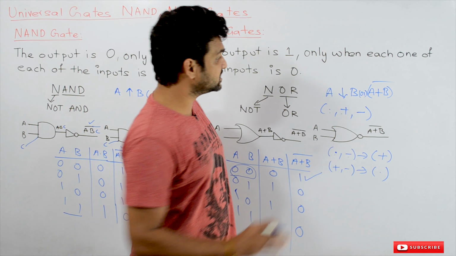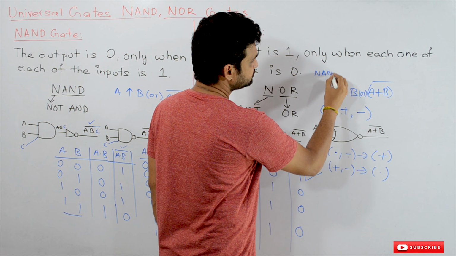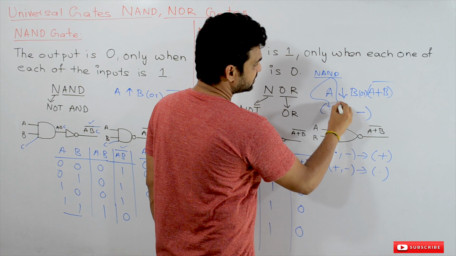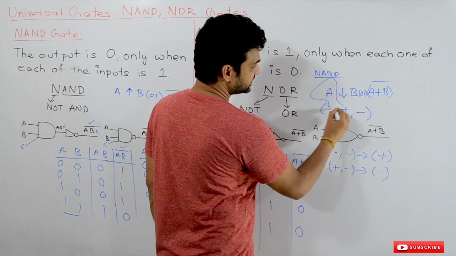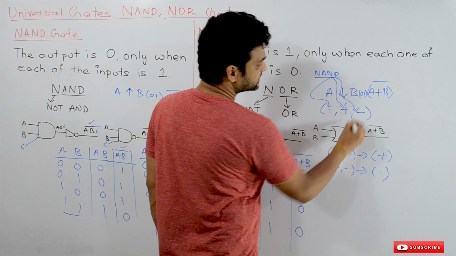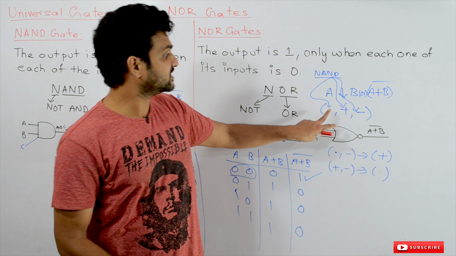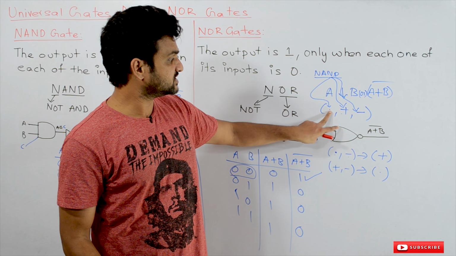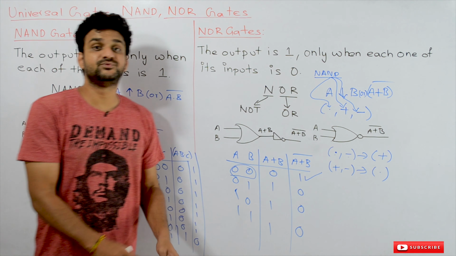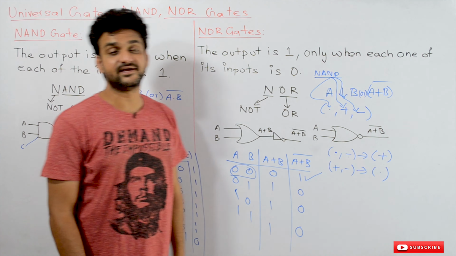What that means is, with only NAND gates, we can construct the NOR gate, the AND gate, the OR gate, and also the NOT gate. Using 2 or more NAND gates, we can construct AND, OR and NOT gates.